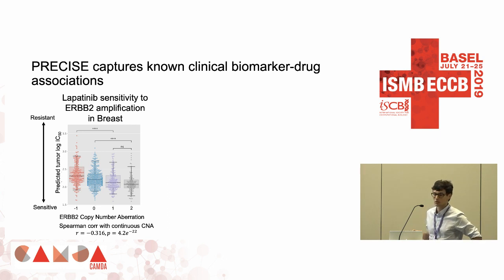That is, lower IC50 means sensitivity and higher IC50 means resistance. So we really see that PRECISE significantly recapitulates this known biomarker-drug association. And this is, of course, computed on another data set that PRECISE has not seen, because we only focus on gene expression here.